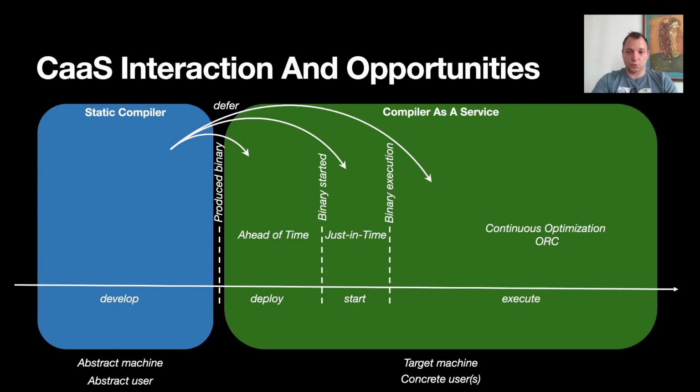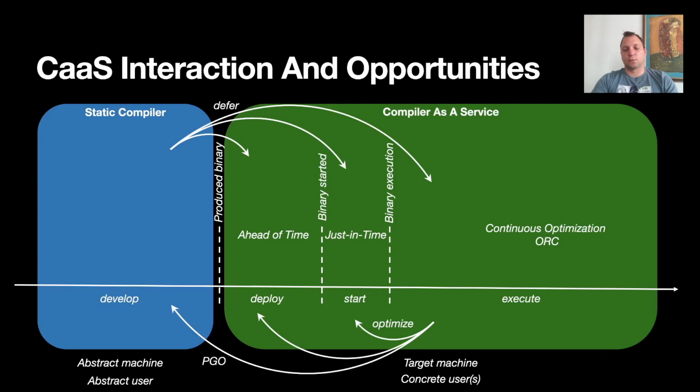So you saw how we could re-optimize binaries and so on, but we need to be able to collect some data. And here you can see it in two ways: as an optimization opportunity, but also a deferral opportunity. For example, when the static compiler doesn't know information about where it's going to run, or what types are going to be used, it could decide to defer that to the compiler as a service, because it's going to have that necessary information at the time it starts.